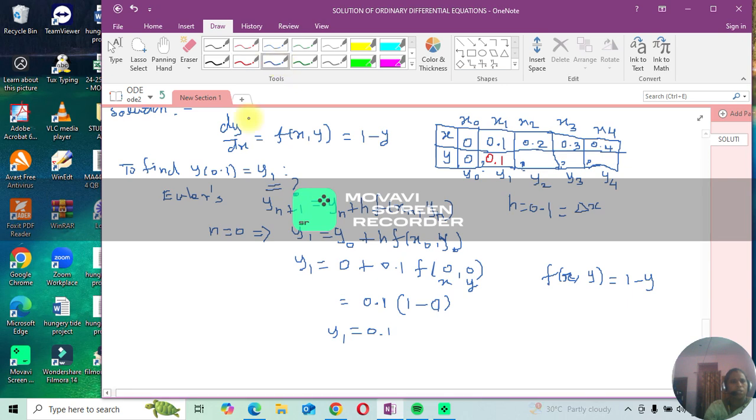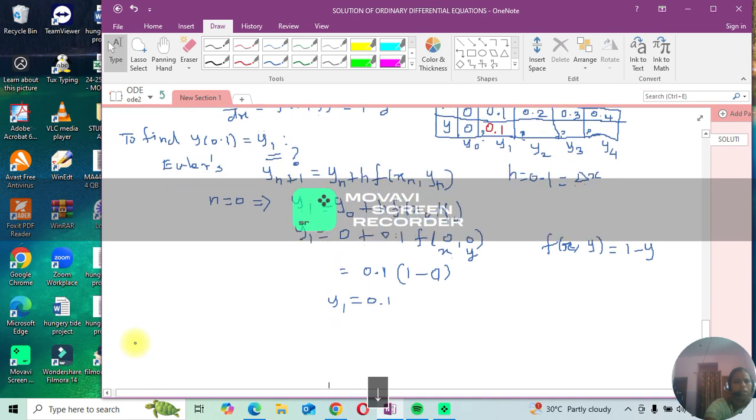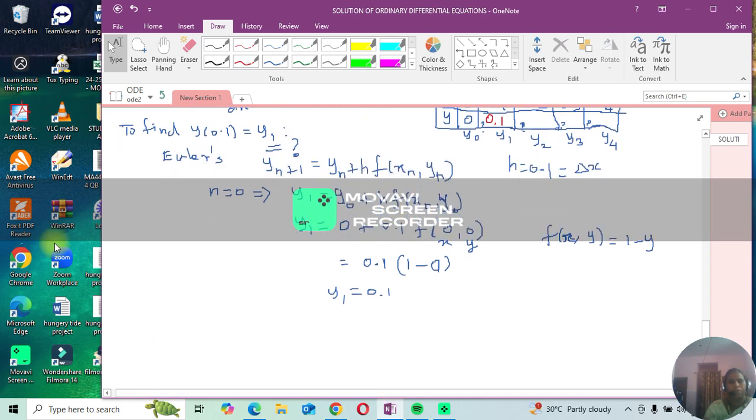Okay, so the next one is to find y of 0.2, that is y2, by modified Euler's method.